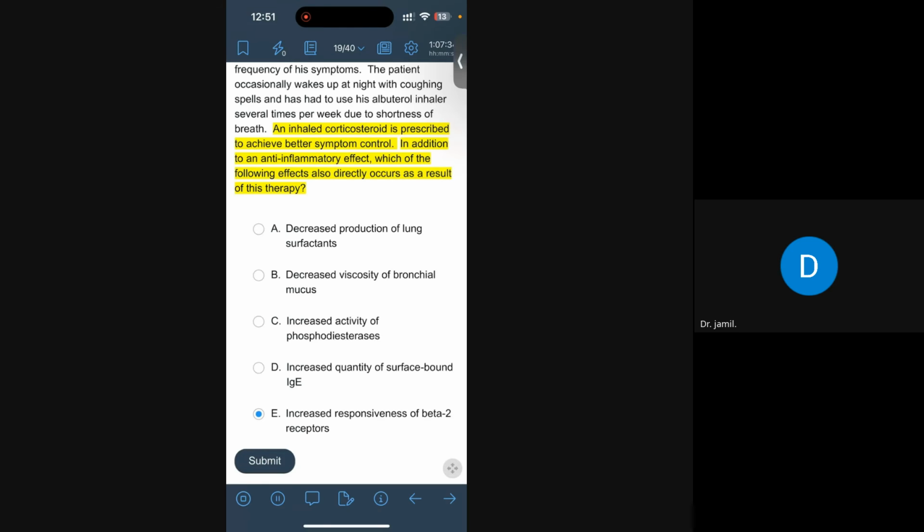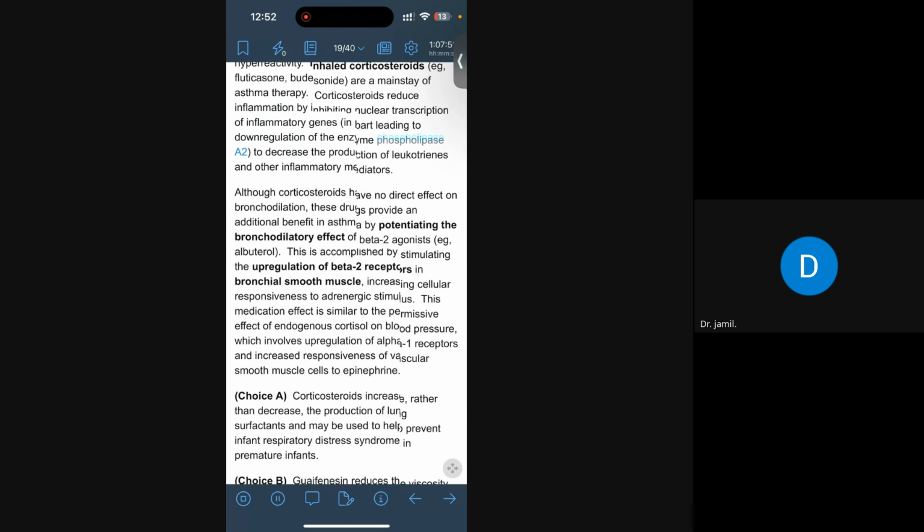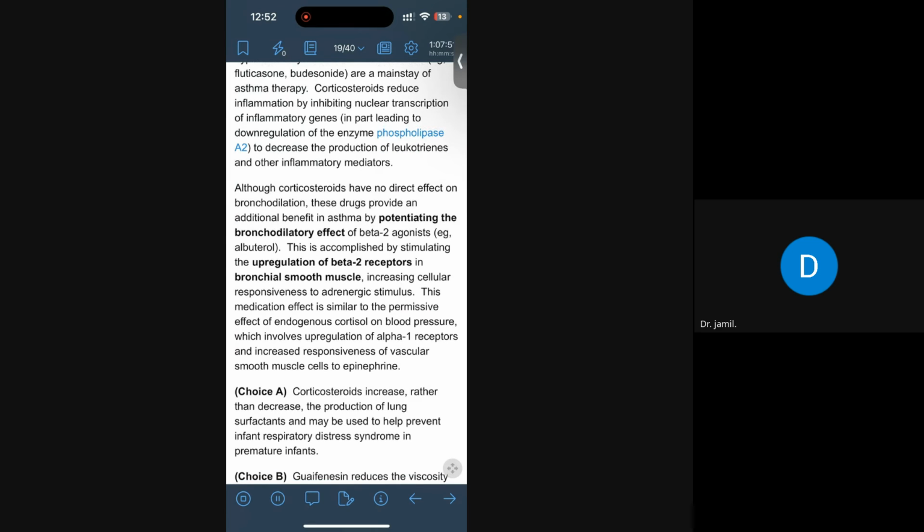It does not increase the activity of phosphodiesterase. It does not decrease the viscosity of bronchial mucosa. It has no effect on lung surfactant. Increased quantity of surface bound Ig? No, it decreases the quantity. So the answer is increased responsiveness. It upregulates the beta 2 receptor in bronchial smooth muscle, increasing cellular responsiveness.